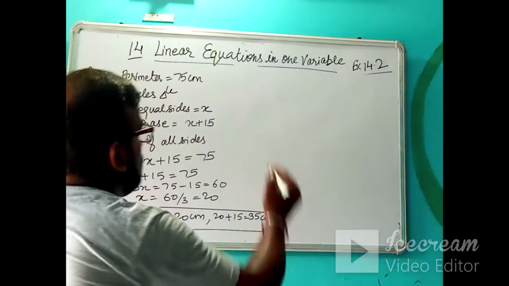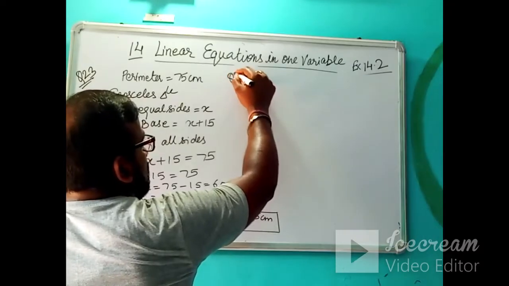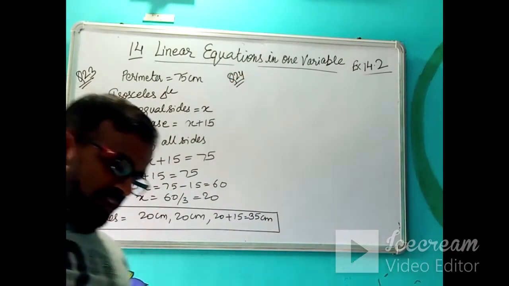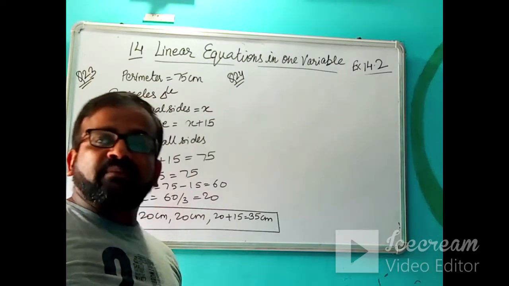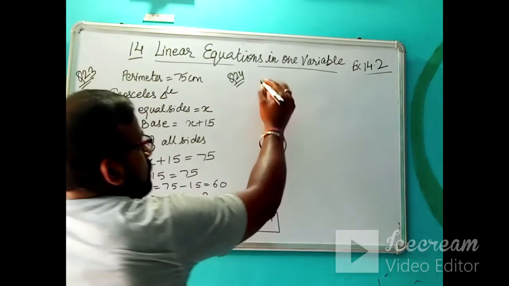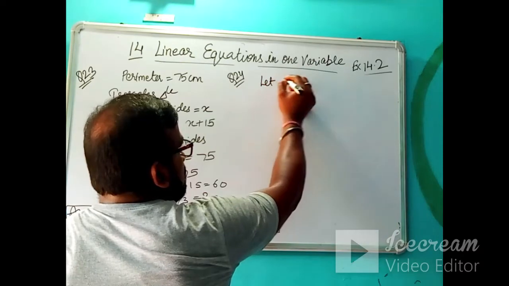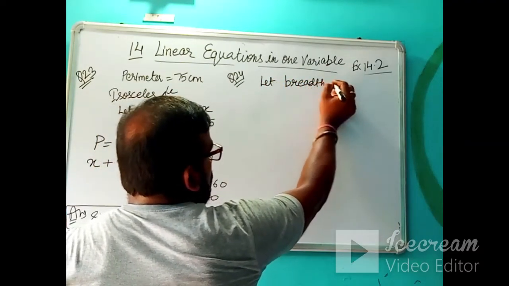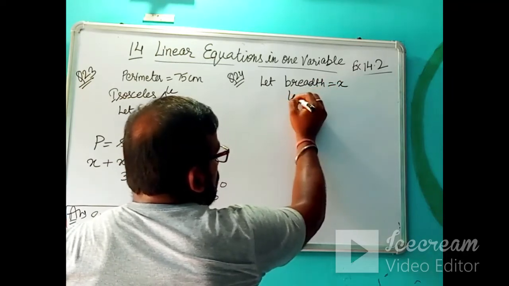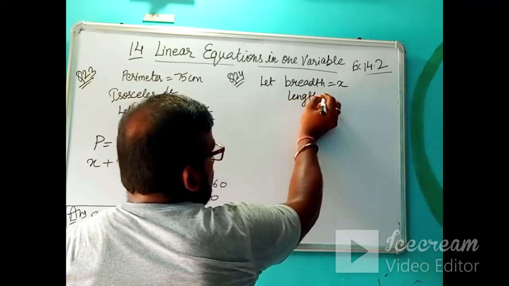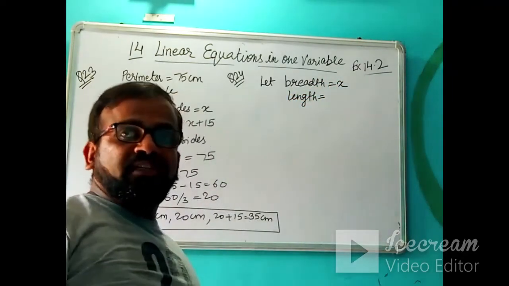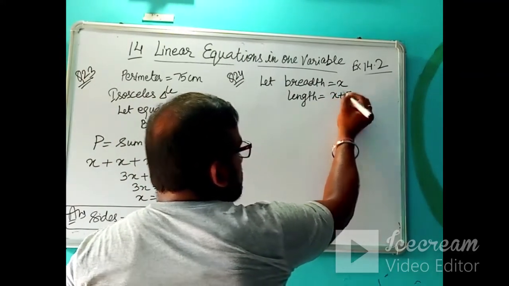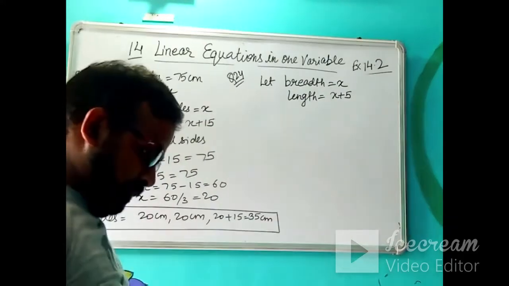Question number 24, one more area problem we will discuss. The length of a rectangle exceeds its breadth by 5 centimeter. So if I assume breadth equal to x, length will be, exceed means it is more than breadth by 5 centimeter, that is x plus 5.